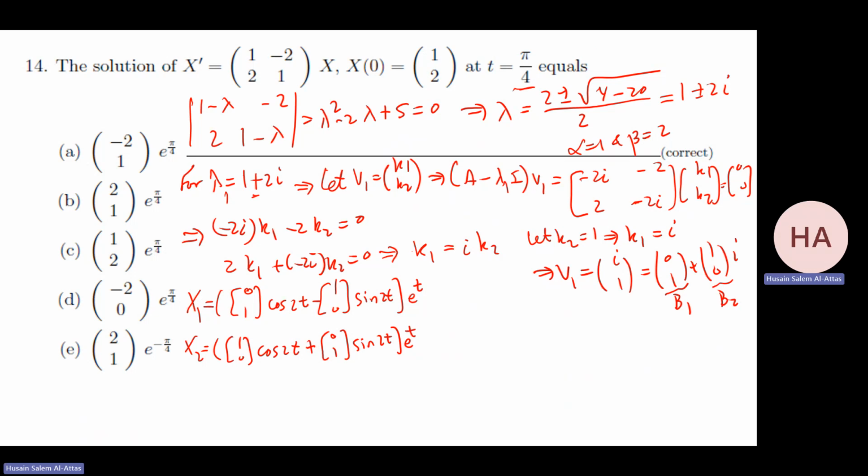Alpha is 1, beta is 2. Now my general solution x will be c1 x1 plus c2 x2.